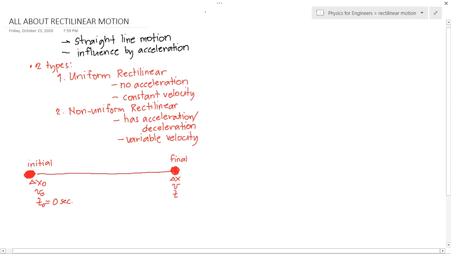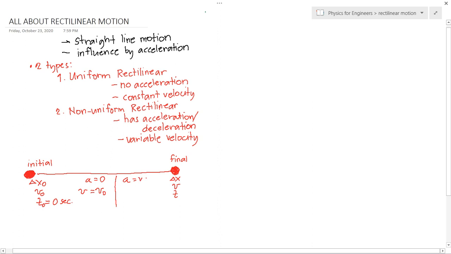And then during its journey, so itong rectilinear path na to, since we have two types, we have here the first type that states no acceleration. So when we say no acceleration, our final velocity state is equal to the initial velocity state. Therefore, our velocity here is constant or uniform. But for the second type, yung non-uniform, our acceleration now has a value.